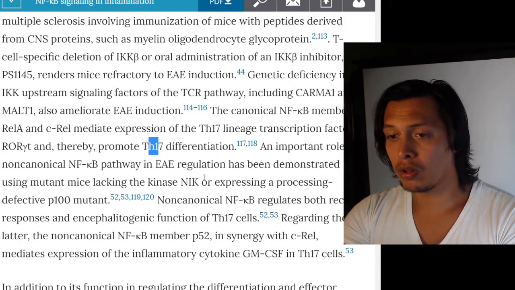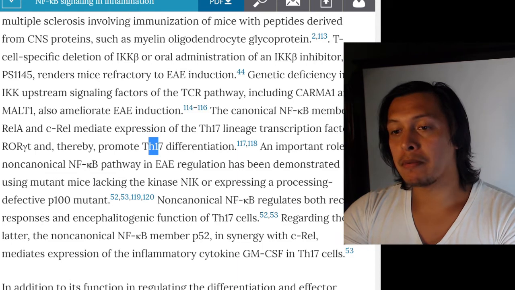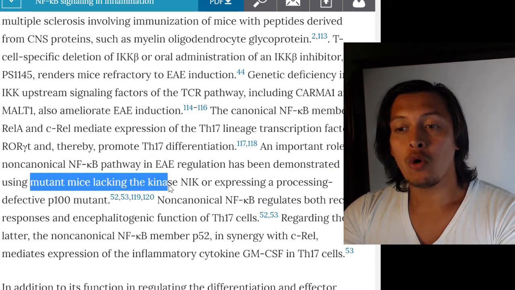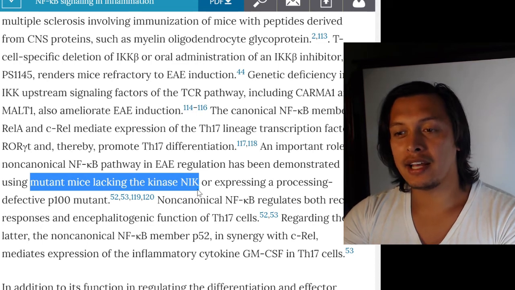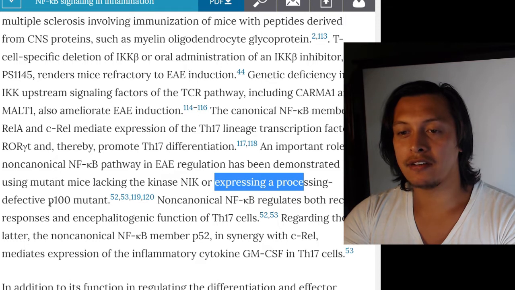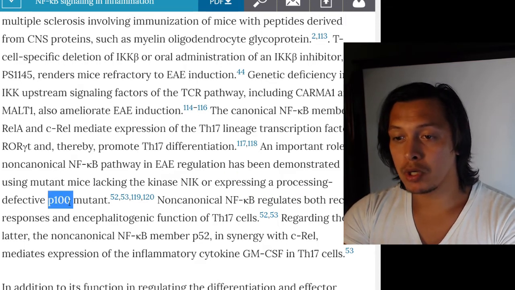An important role of non-canonical NF-kappa B pathways in EAE regulation has been demonstrated using mutant mice lacking the kinase NIK or expressing a processing defective P100 mutant.